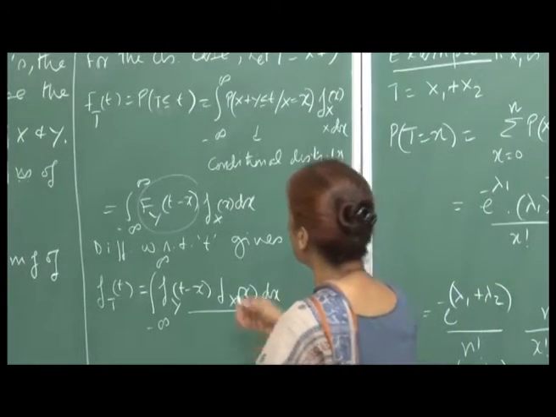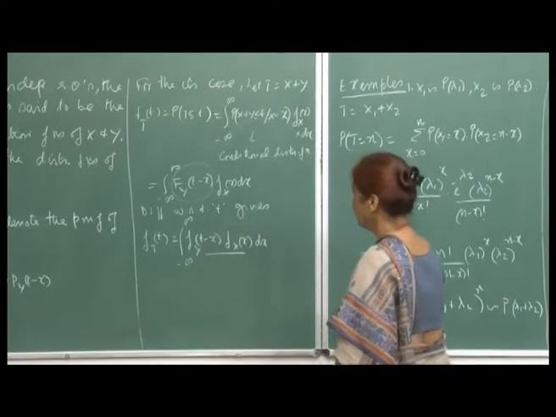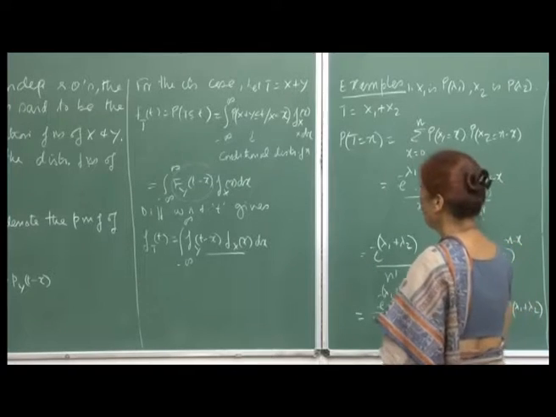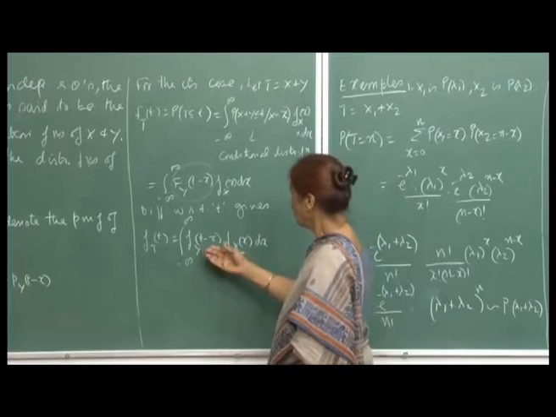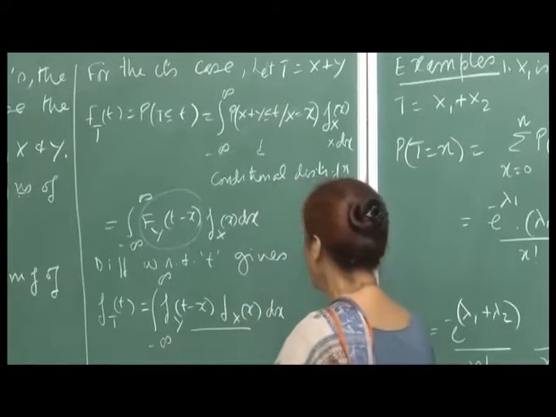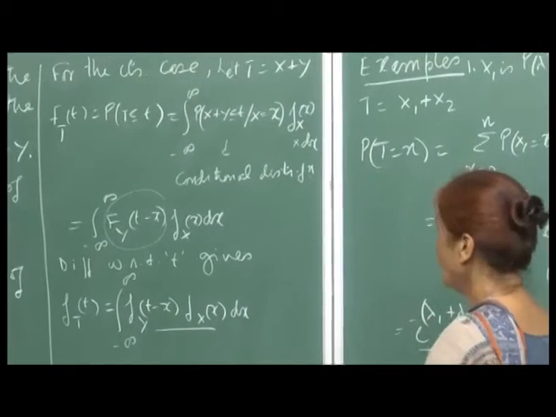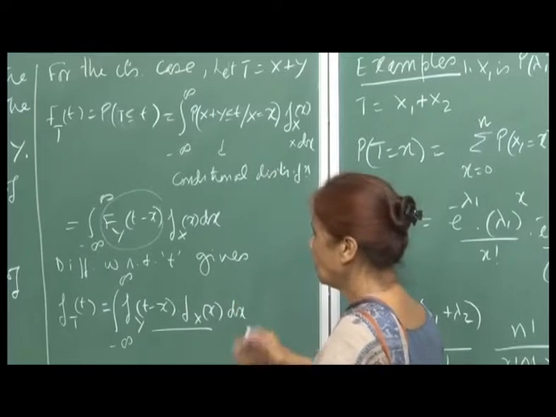You can either write it in this form or you can write it in terms of the PDFs. And of course, the understanding is that this holds for all values of t for which this is defined, and you also take the values of x for which this is defined. Now, the basic definition is this, and we will see how we apply it to different cases.